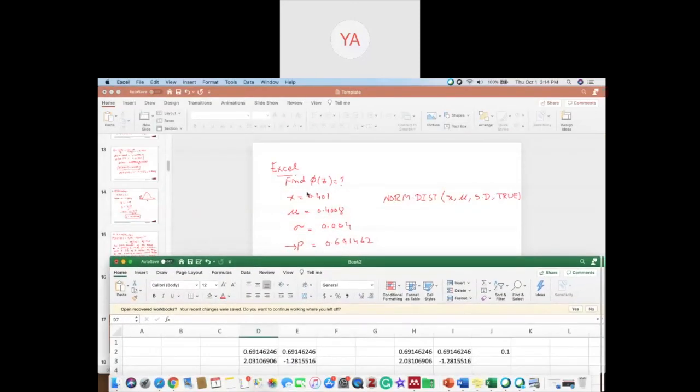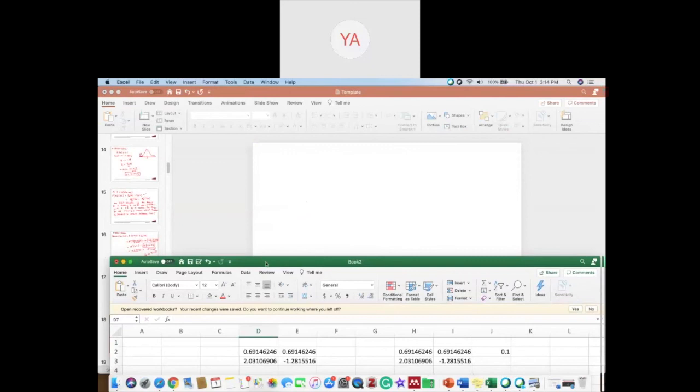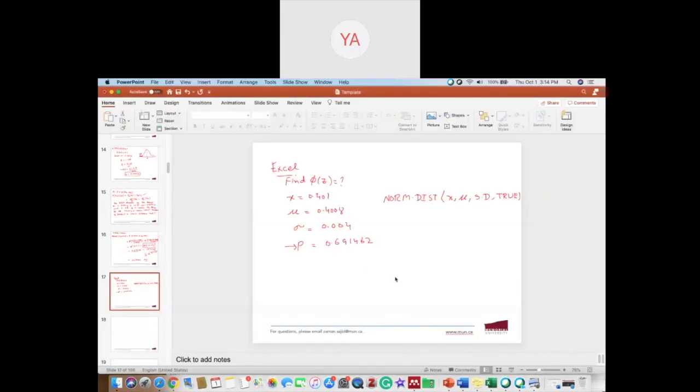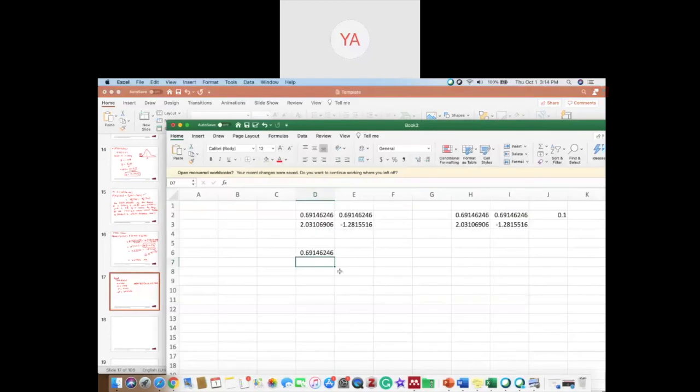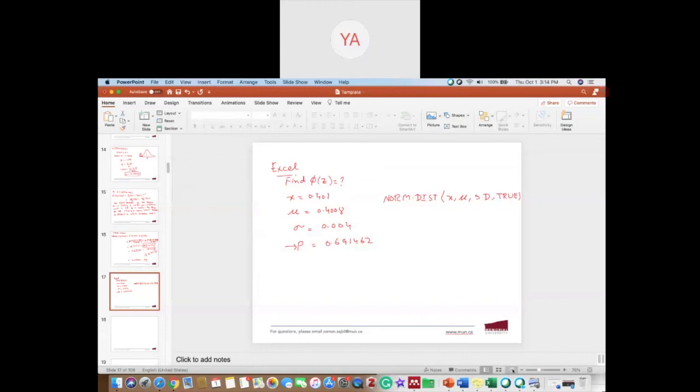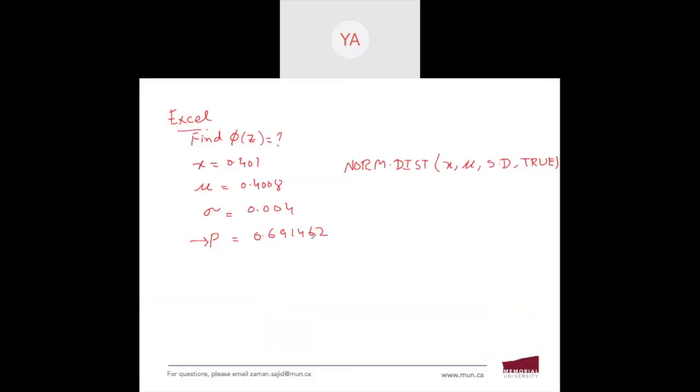So this is the probability that we just found out. This is the probability that we are interested in, 0.69146. Now in order to find it using the z-score, the z-score for this was, let me write it down here, 0.5.